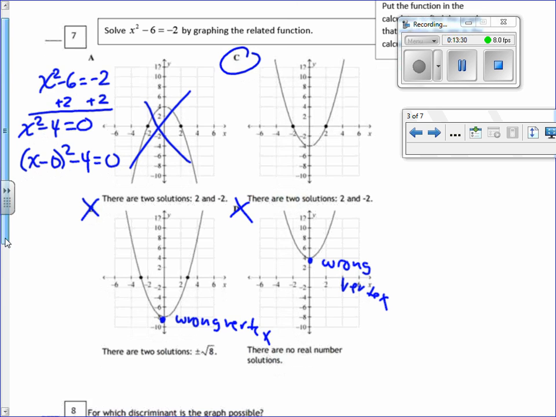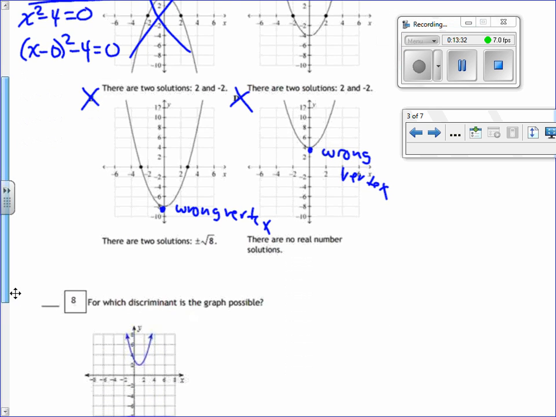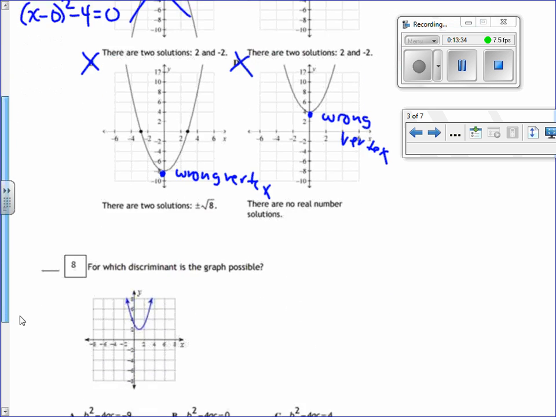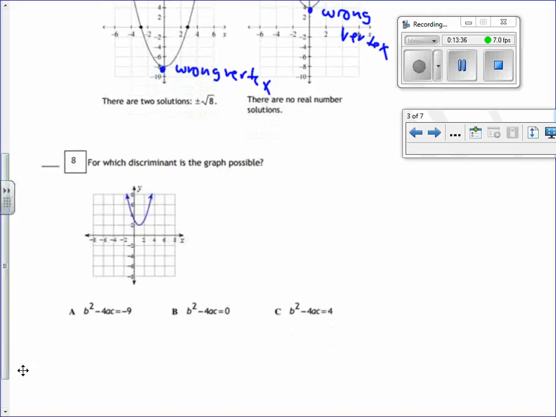All right, let's look at number 8. For which discriminant is the graph possible? You have to remember that poster over there. If the discriminant is greater than 0, you have 2 real roots. That means you hit the x-axis twice.